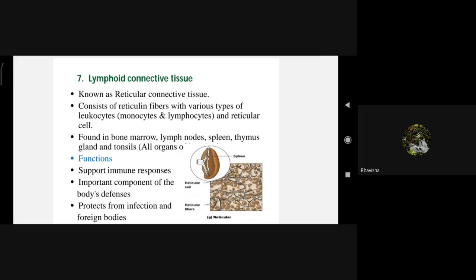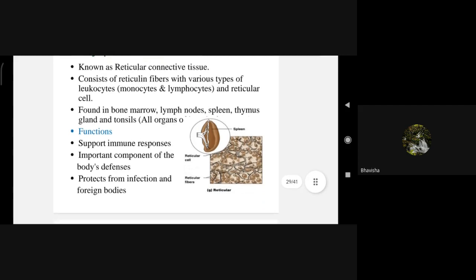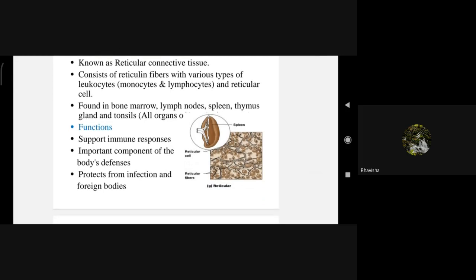So this lymphoid connective tissue consists of reticular fibers with various types of leukocytes and reticular cells, found in bone marrow, lymph nodes, spleen, thymus gland, and tonsils. The functions are to support immune response, an important component of the body's defenses, and to protect from infection and foreign bodies.